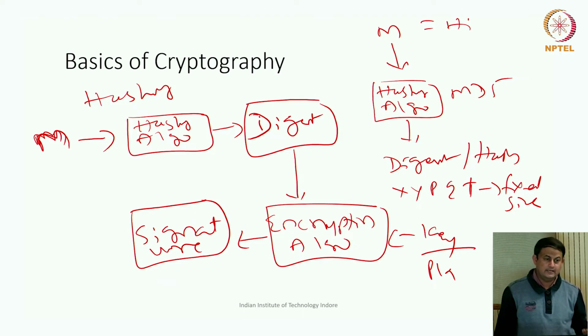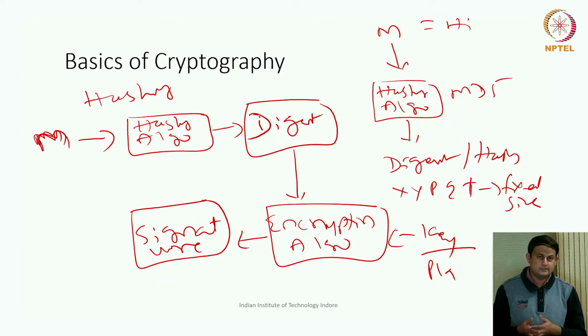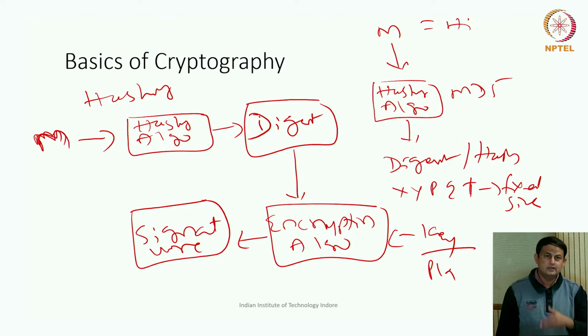So how does it help? It helps the recipient be sure that the message itself is indeed sent by the sender, because the private key is known only to the sender, and whatever I publish as a public key, anybody can use to decrypt the signature, get back the digest, recompute the digest on the received message M, and compare the decrypted digest with what they have computed.